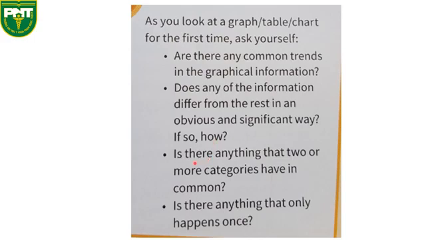And then, is there anything that 2 or more categories have in common? You group the common types, the common categories together into some phases during the whole period. And is there anything that only happens once? For example, category 1 increased only for the first 10 years and later it decreased.